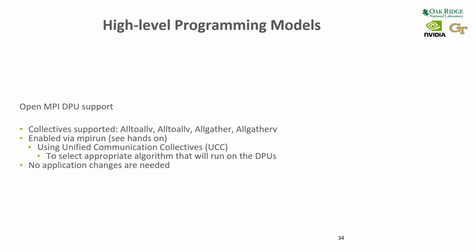OpenMPI 4 is supported. However, there is a version in the HPC cluster that can be used to test that out. I don't know if that's something we can point out to people. I don't know what the status is yet of how much of this has been merged into the standard implementation of OpenMPI. But definitely the support is OpenMPI 4 and beyond.